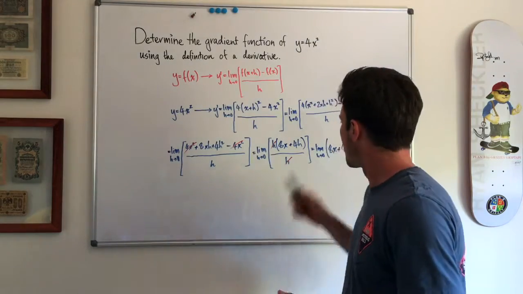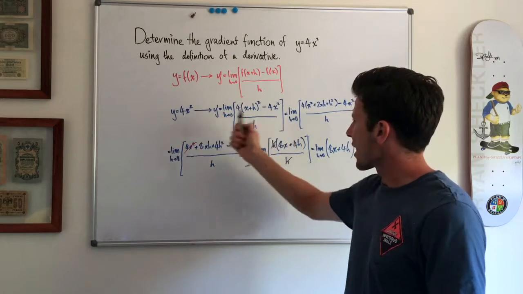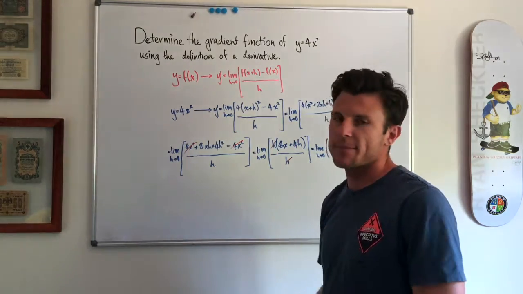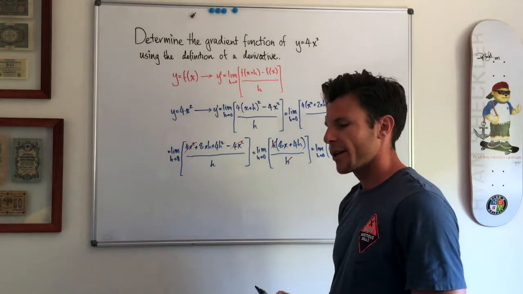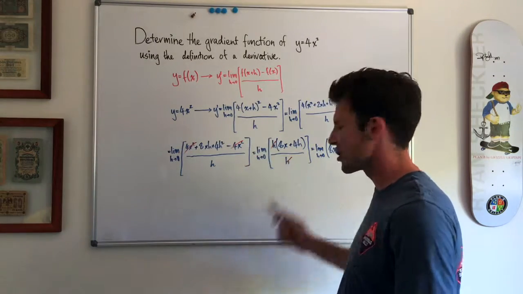Cool. Now, just a little side note. At each point in our working out, we have written the limit as h approaches 0. It may seem tedious when you're doing it at home, when you're trying to practice these, but get into the habit of writing the limit as h approaches 0 in front of each of your steps.